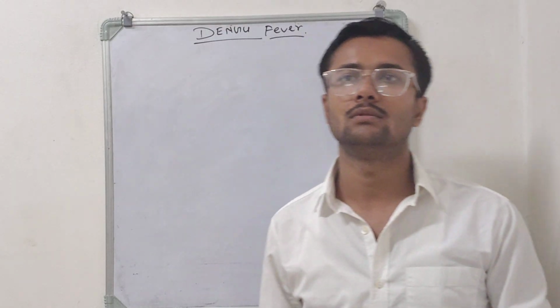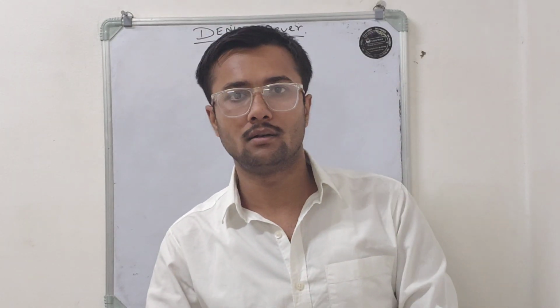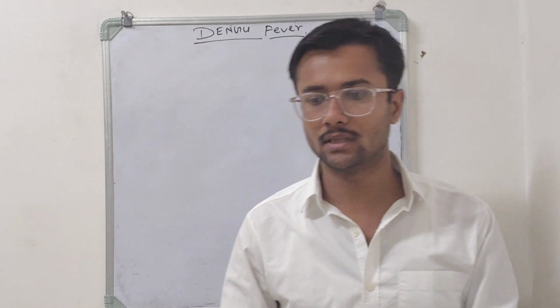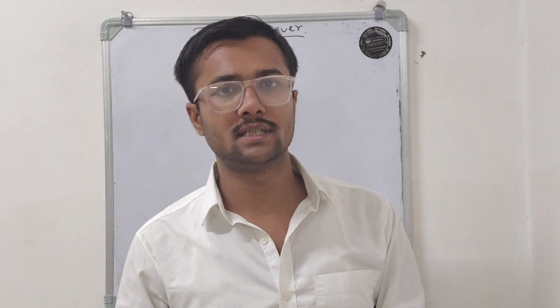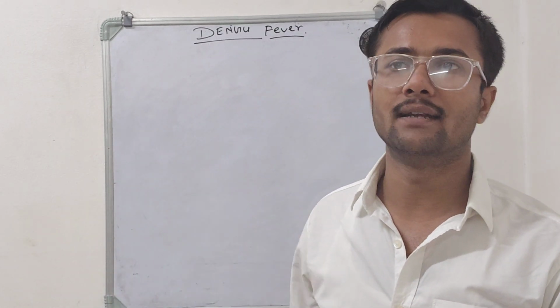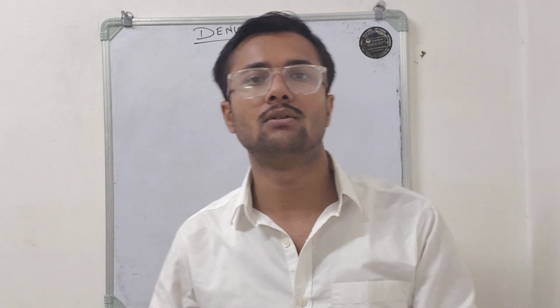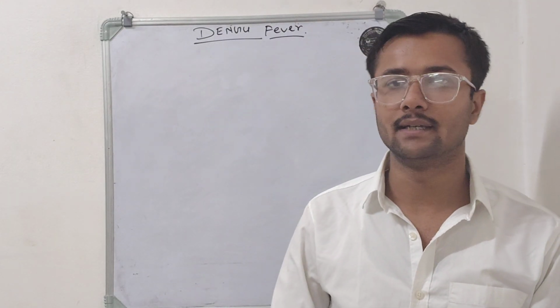So first, I would like to talk about some common points related to dengue fever. The first thing is that it is a viral disease, and there are four serotypes of this dengue virus.